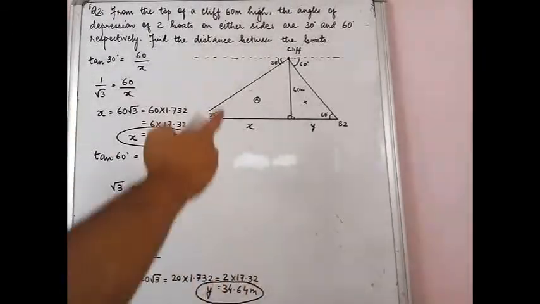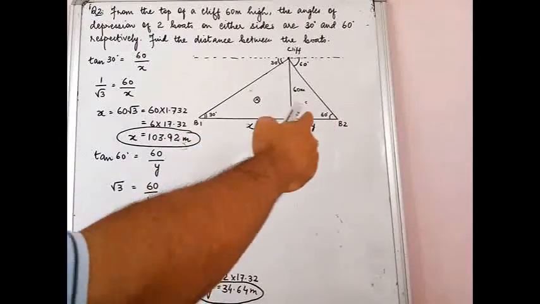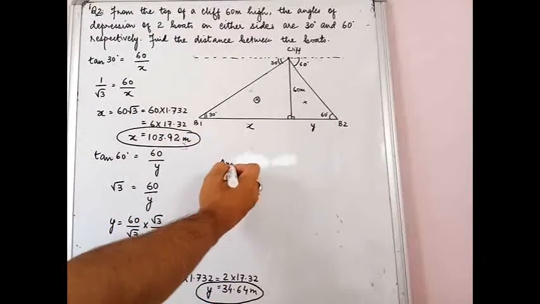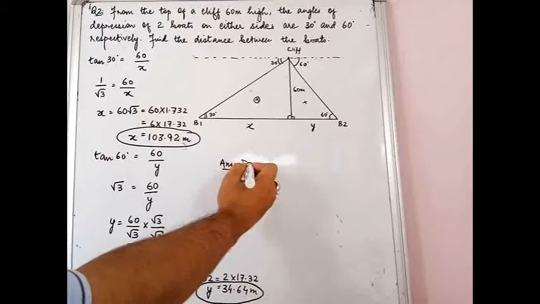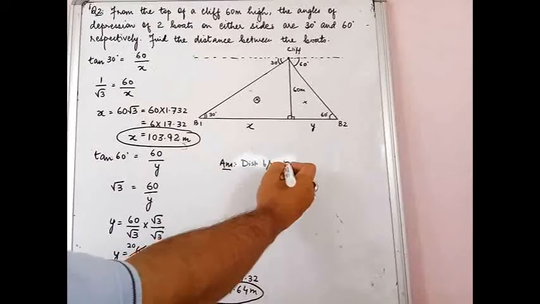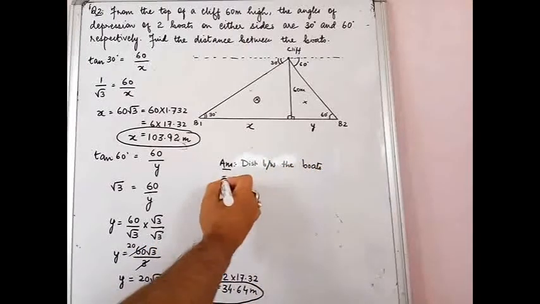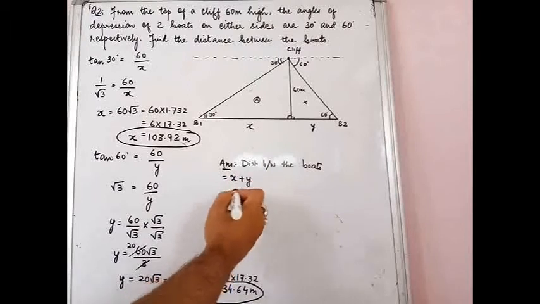And the question is asking you the distance between the boats. So x plus y is the distance between the boats. So the answer over here you can write: distance between the boats will be equal to x plus y.